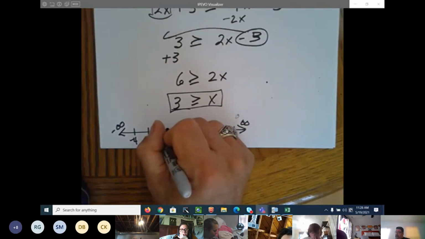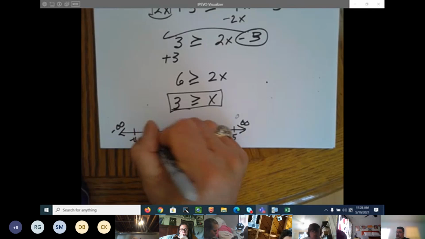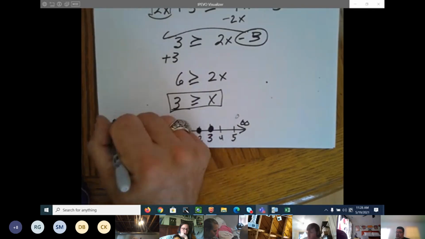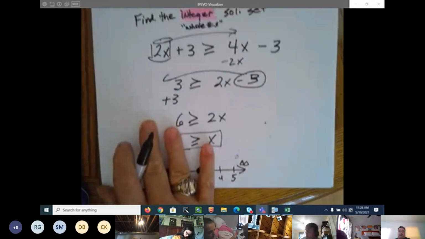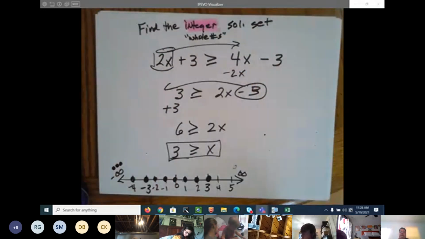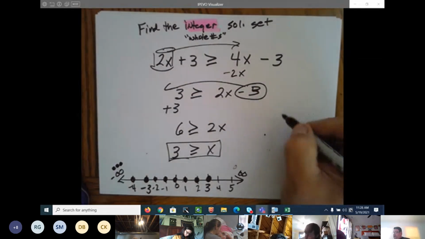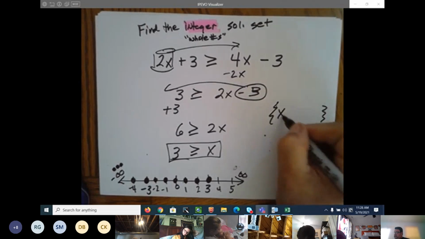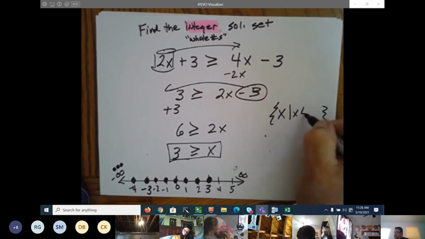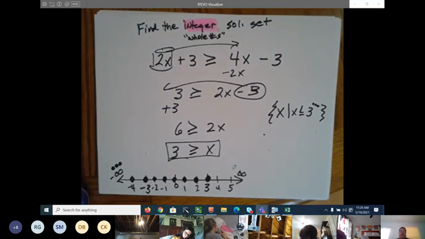Why am I not using a shade? Because the shade contains fractions, decimals, and what? Percents. It didn't ask for fractions, decimals, and percents. It asked for whole numbers. So you have to use those big dots on the graph. Set builder notation: braces, X such that X is less than or equal to 3, with big dots somewhere around that 3.